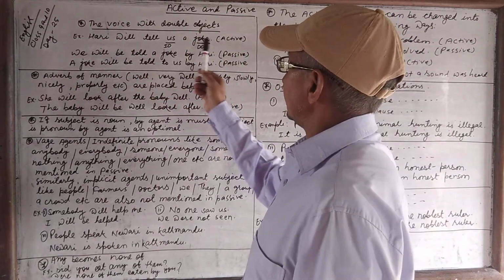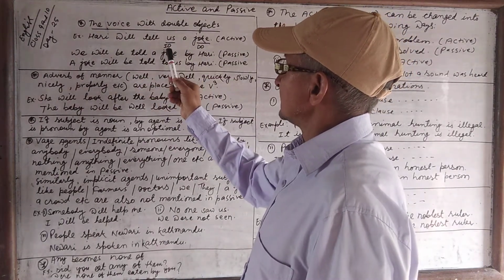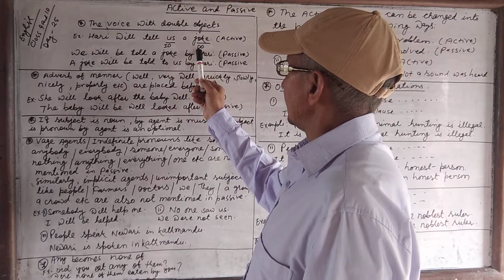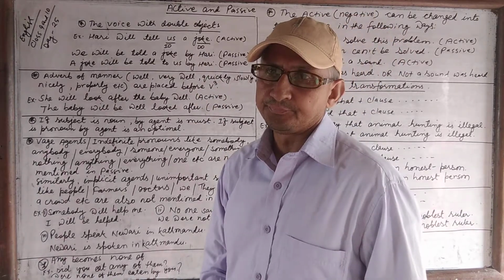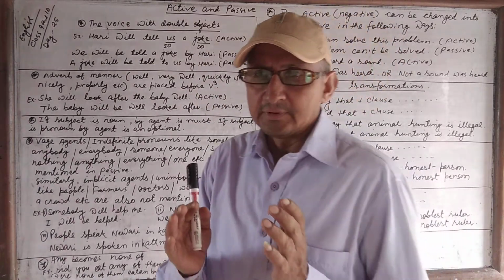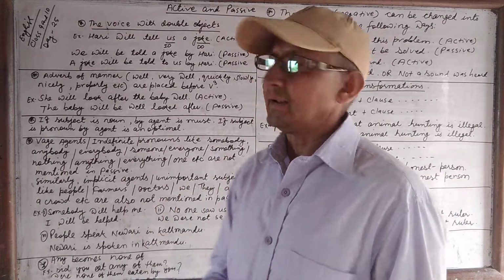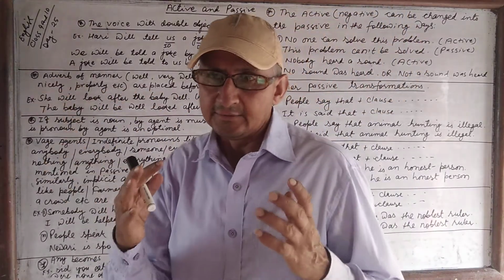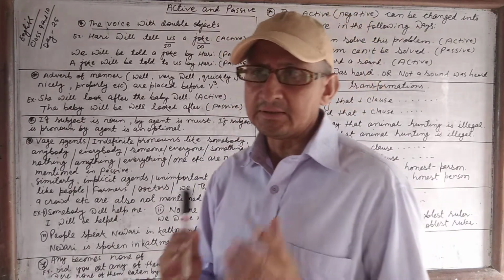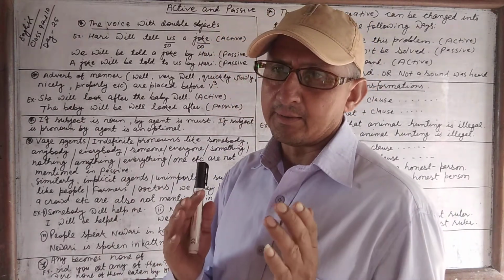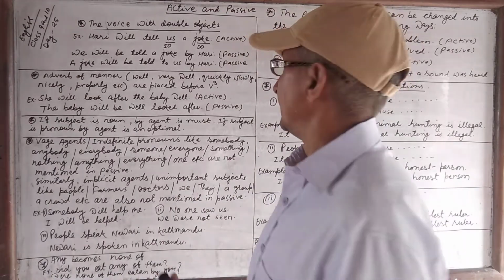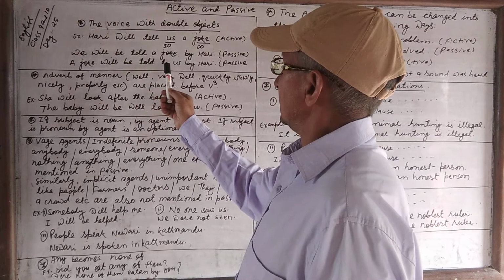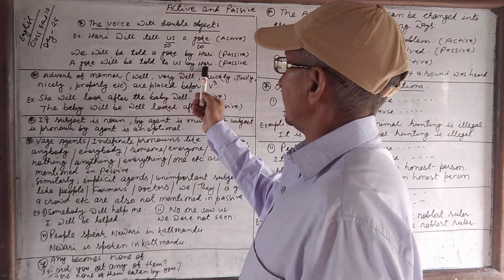In this active sentence, us is the indirect object, joke is the direct object. If the direct object is used as the subject, the indirect object is placed after the main verb. A joke will be told to us by Hari.